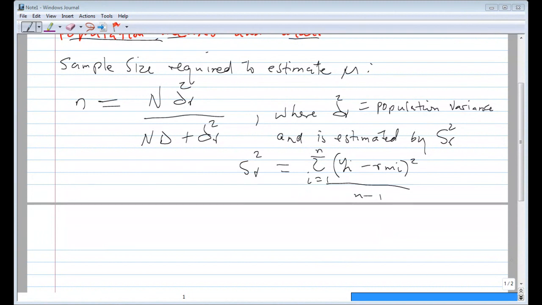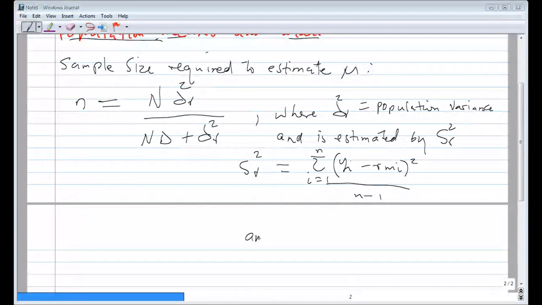And D, that capital letter D, is equivalent to B squared times capital letter M bar squared, all divided by 4.